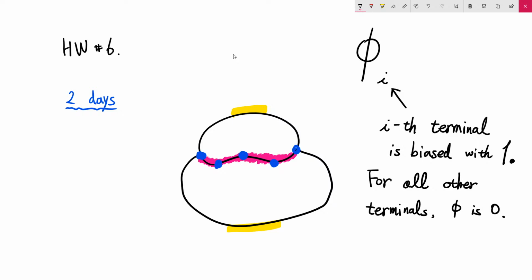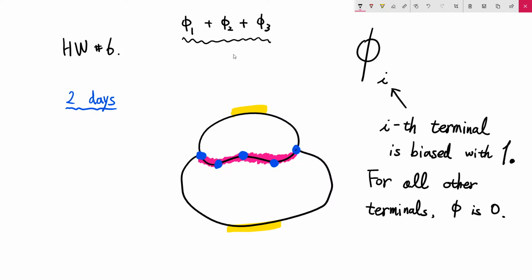For example, if you have 3 different terminals, then you can define phi 1, phi 2, and phi 3. Then please check the sum of phi 1, phi 2, phi 3. That will give you a certain number.